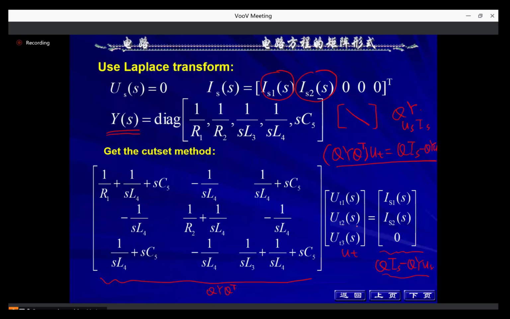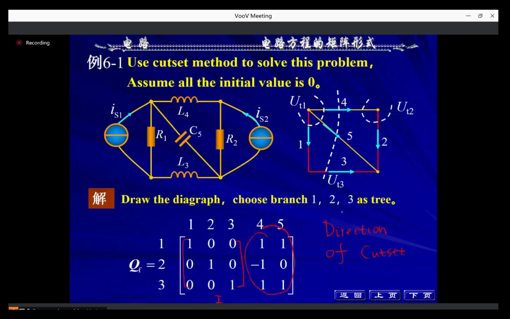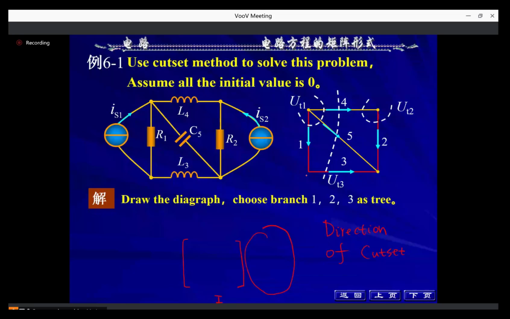And we have introduced that the cut-set method is an extended form of the node method. And sometimes the cut-set method will equal the node method. For example, for this circuit, we choose 3, 5, 2 as the tree.